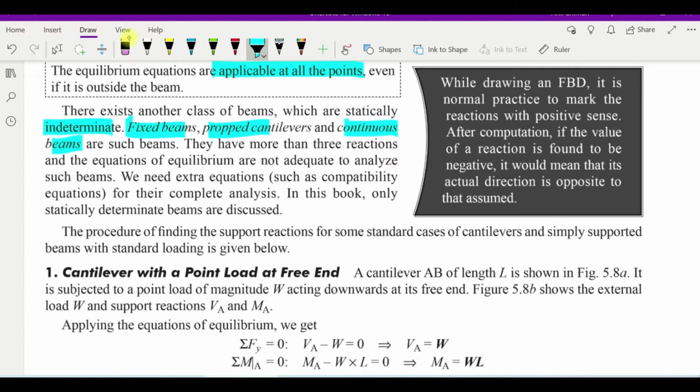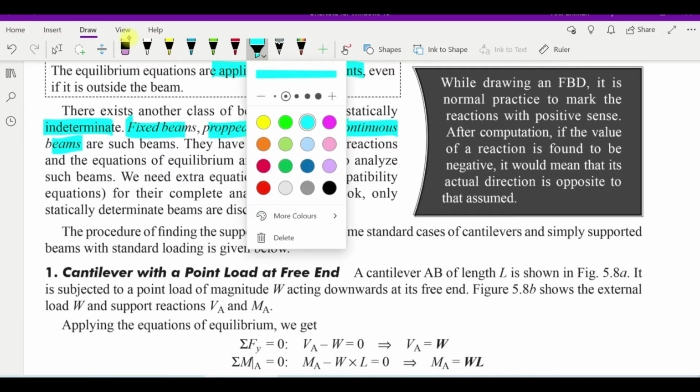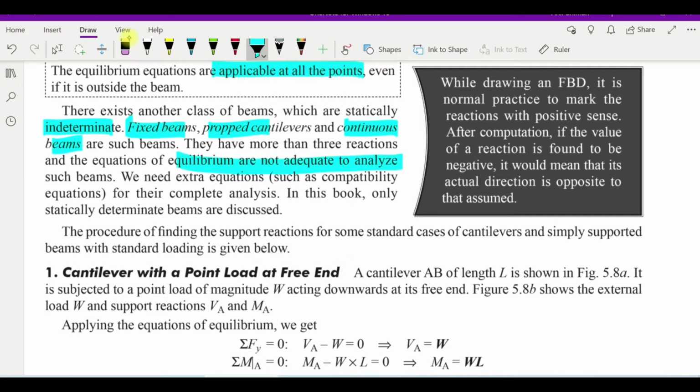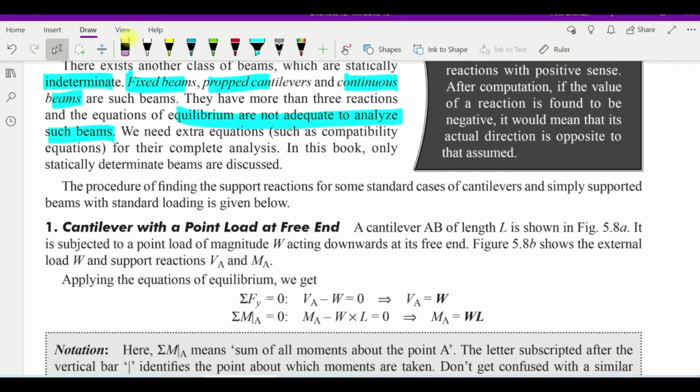So we cannot find all the reactions just by using the equations of equilibrium. These equations are not adequate to analyze such beams. We need extra equations, such as compatibility equations, for the complete analysis of these statically indeterminate beams. So in this book and in this chapter, only the statically determinate beams are discussed.